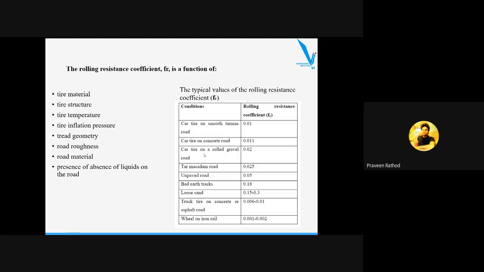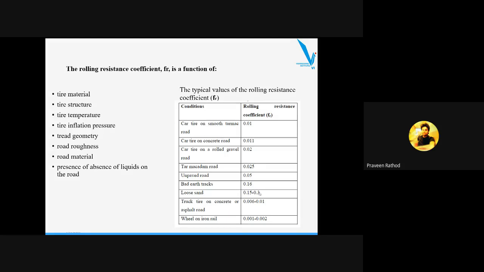A car tire on a rolled gravel road is 0.02, and on a tar road 0.025. An unpaved road is 0.05, bad earth tracks 0.16, and loose sand maybe 0.15 to 0.3.